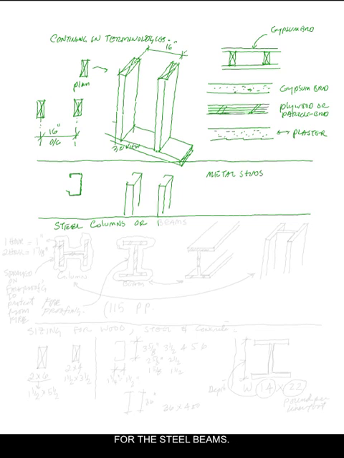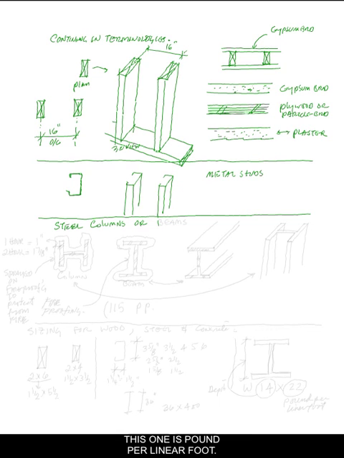For the steel beams, typically the steel beams are noted with W, and there is a number, 14, let's say, by 22. 14 is rounding up this dimension, which is really the depth.